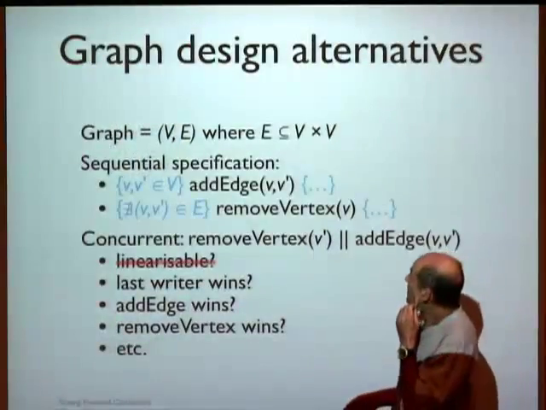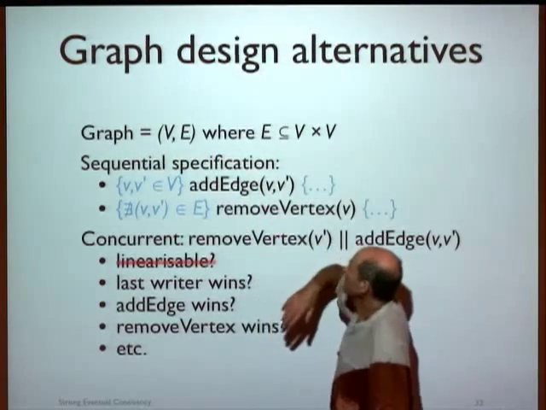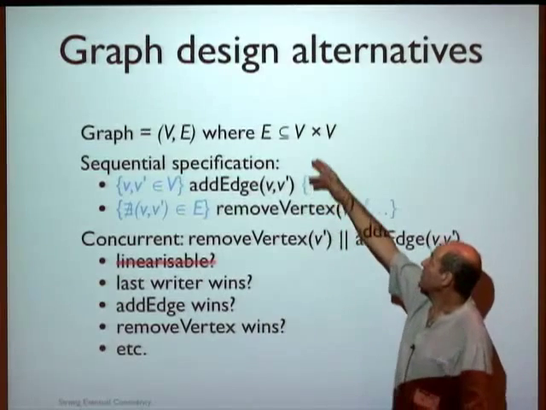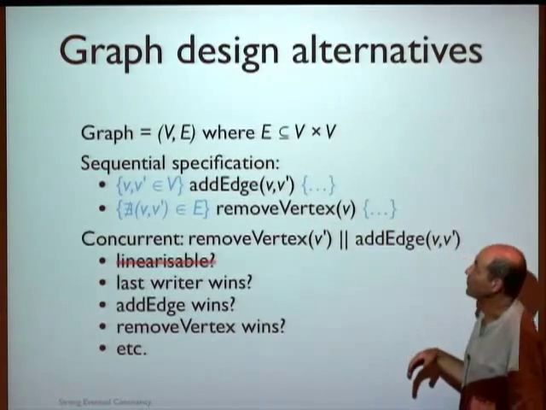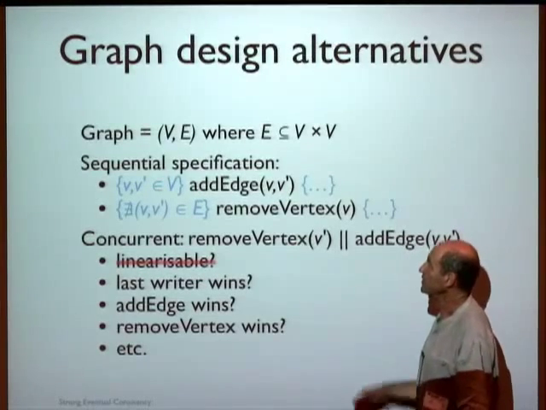Okay, so I told you about set. Now, if you can do a set, you should be able to do a graph, right? A graph is just a pair of sets: a set of vertices and a set of edges, where an edge is some pair of vertices. And the sequential specification of a graph is very simple.